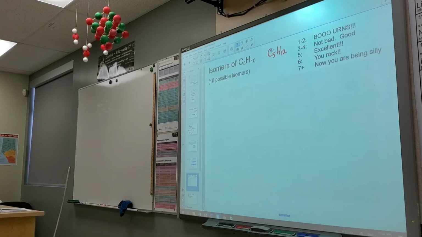Wait, this would have 0. But you lose two. Actually, no, this right here is a 1. You can't have different carbons in total. You could have 3, 3, 2, 6, 4, but then I need to cut this 2 down to a single. Yeah, that's fine. So you need C5.